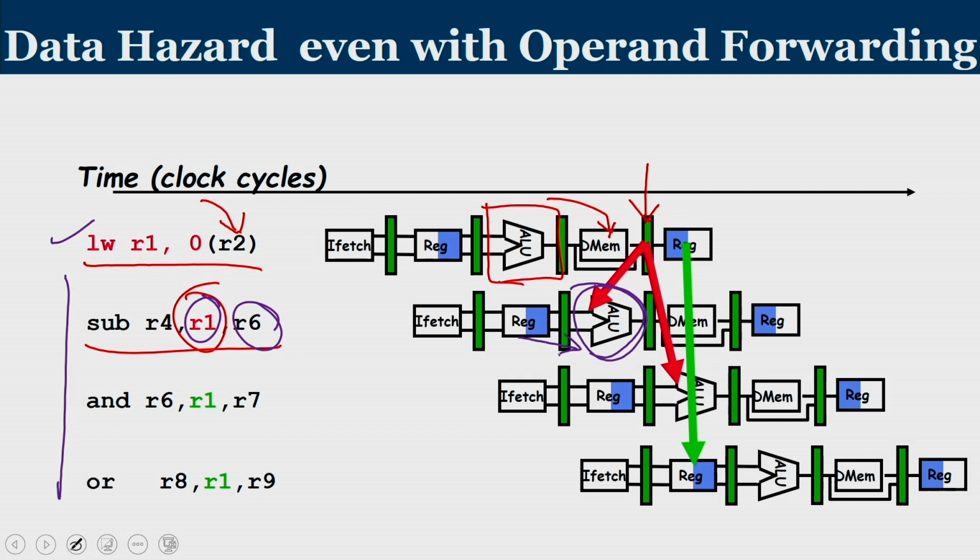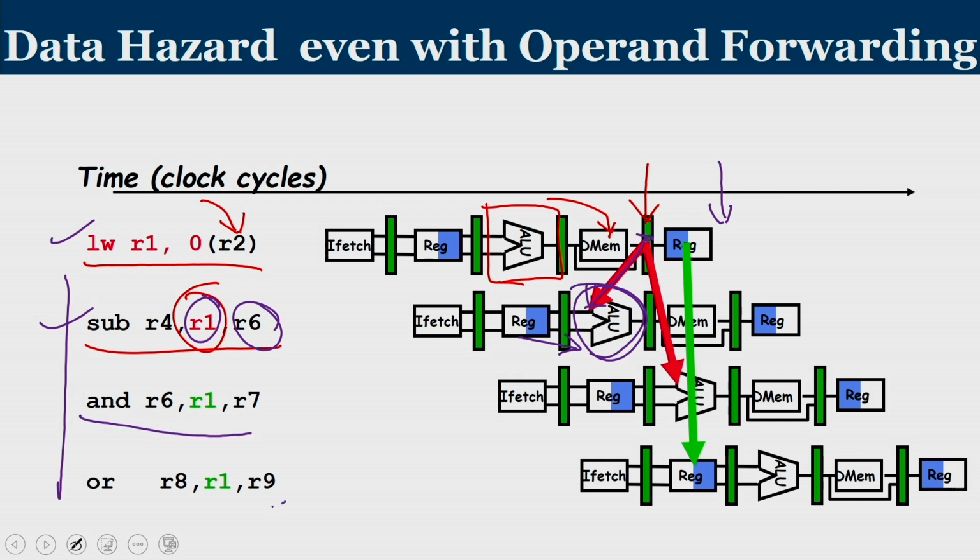The value to be returned to R1, in the ideal case, is available only after this point, but if you use operand forwarding, from this pipeline register the data is available, but you actually want it one cycle before, that is why it is shown in red color. So, even with operand forwarding, the subtraction instruction will not be able to get the value in the ALU so that it can complete its operation in its assigned time slot.